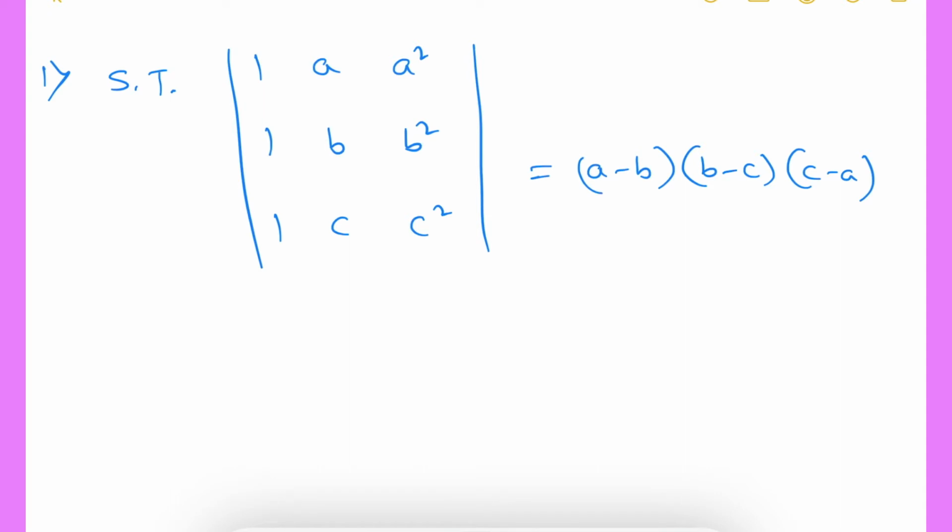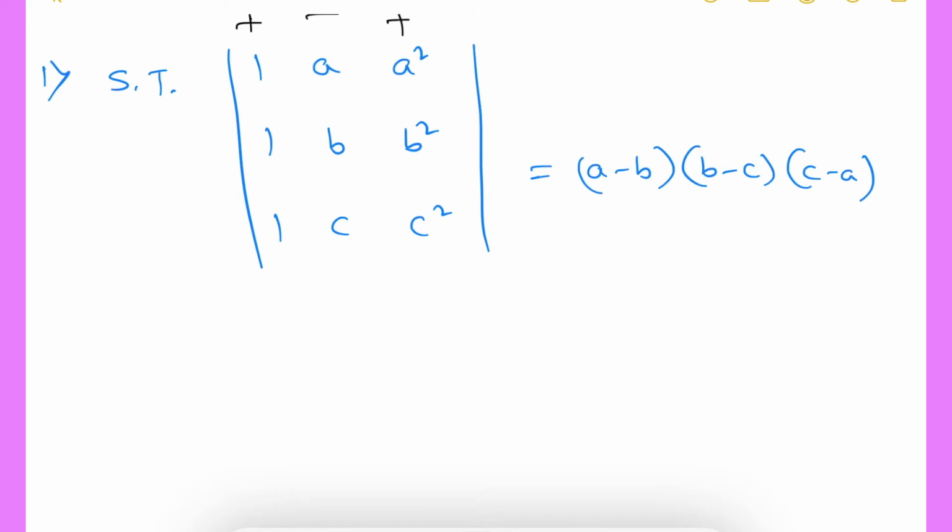The first method is finding the determinant of the 3 by 3 matrix. That is just like the previous example. First row, first element, it should be plus, then minus, then plus. Those are the symbols which we will follow for the process.